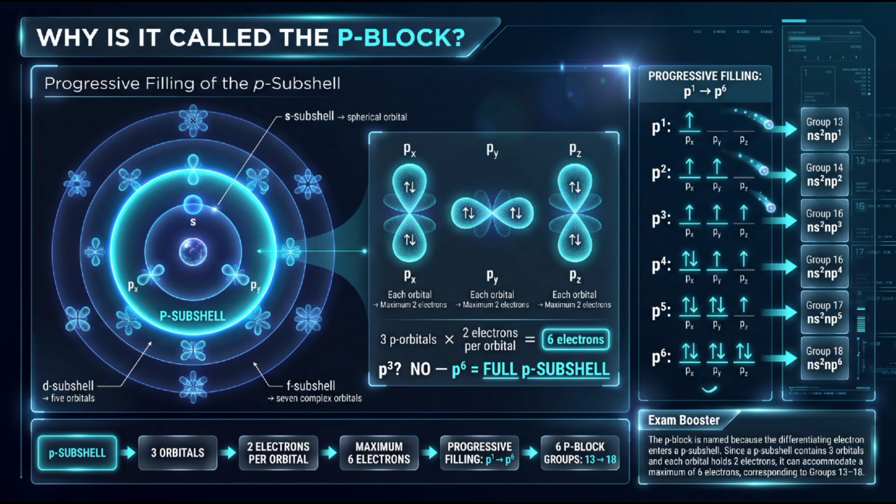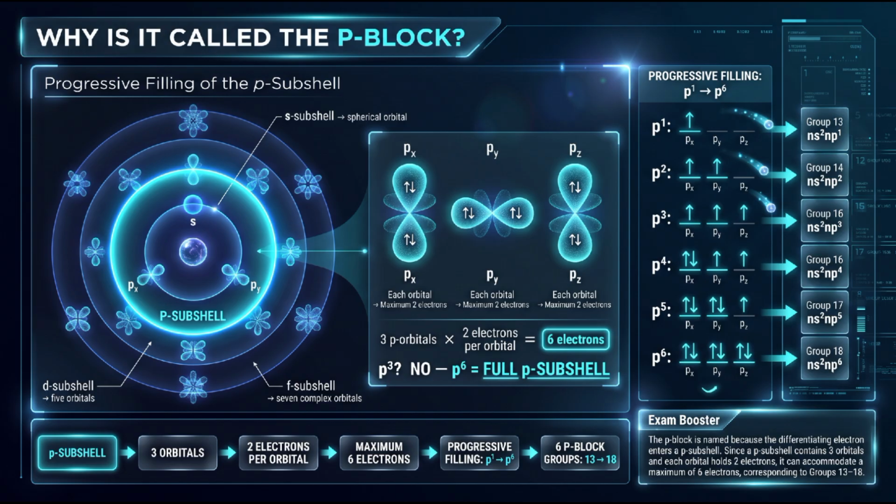So, whenever you see the term p-block, immediately connect it with 3 ideas. The differentiating electron enters a p-subshell. The p-subshell contains 3 orbitals, and those 3 orbitals can hold a maximum of 6 electrons. As the p-subshell fills progressively from 1 to 6 electrons, the periodic table moves from group 13 to group 18.